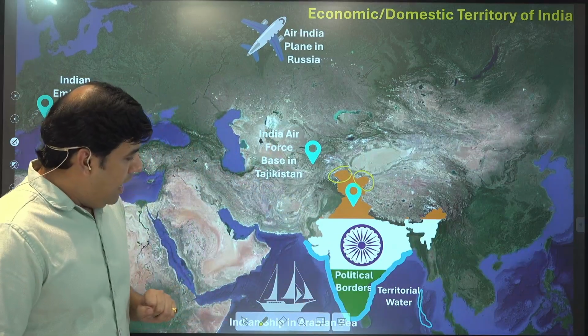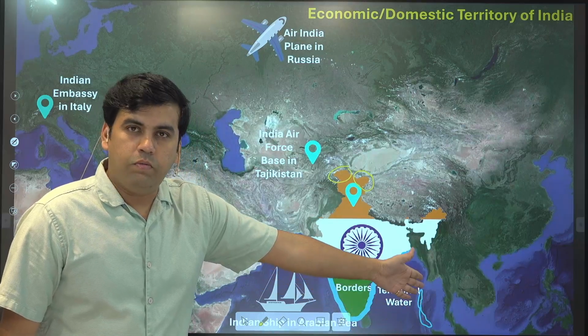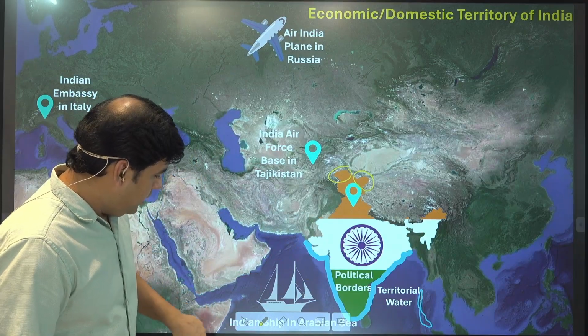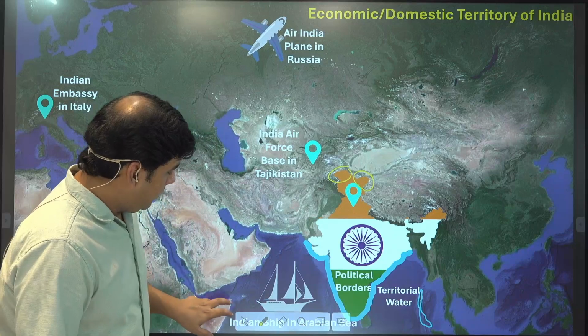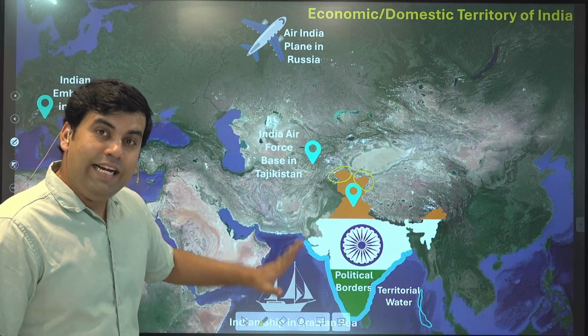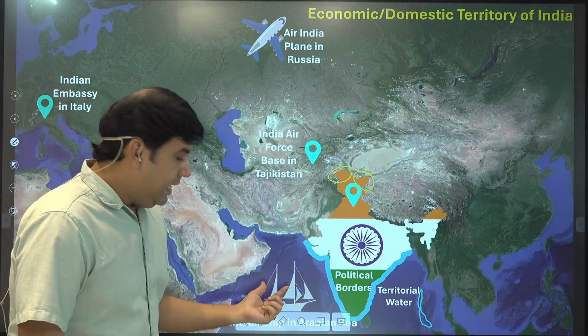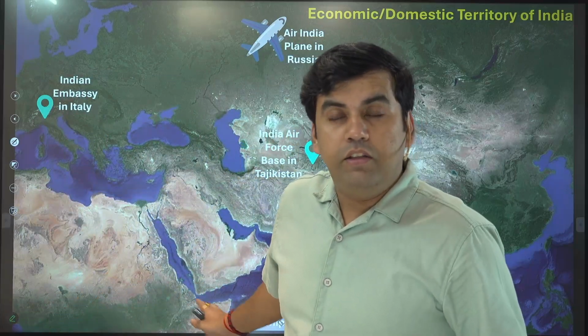Okay, here I have given something. This is the Andaman and Nicobar Islands, so all of you would know that. Then there's a ship. Now this is an Indian ship which is sailing in international water, in the Arabian Sea.